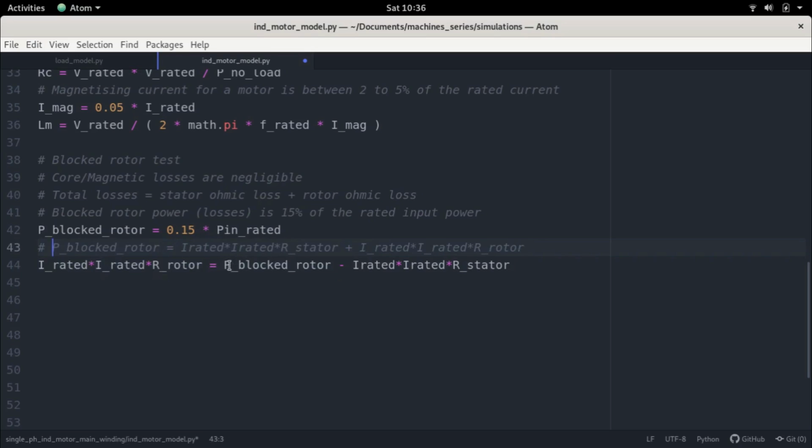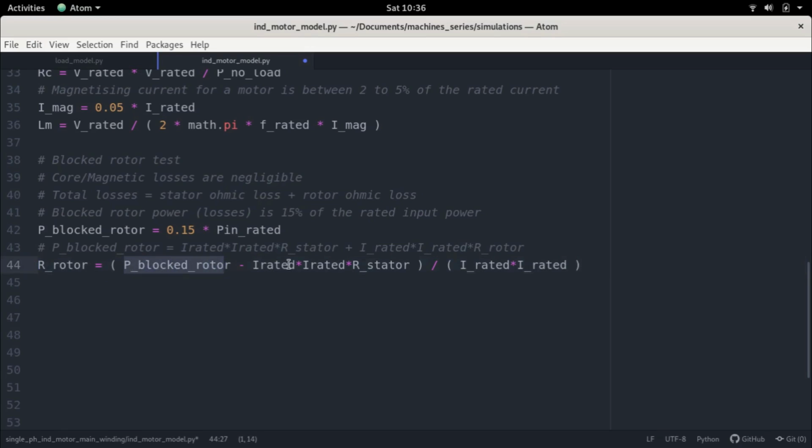And of course, once you have this, it's simple arithmetic. And this is our rotor. So our rotor is this simple calculation.